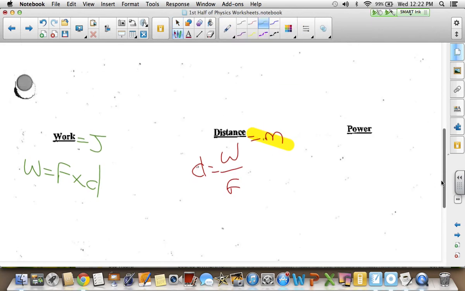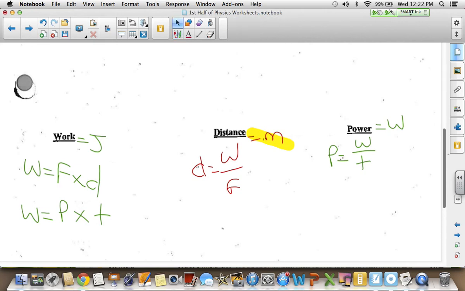Power is going to equal work divided by time. The unit for power is a capital W for watts. Just like the unit for work is a capital J, power is a capital W for watt. Now we have a new equation for work, and work is going to equal power times time, and again the units for that will still be a joule.